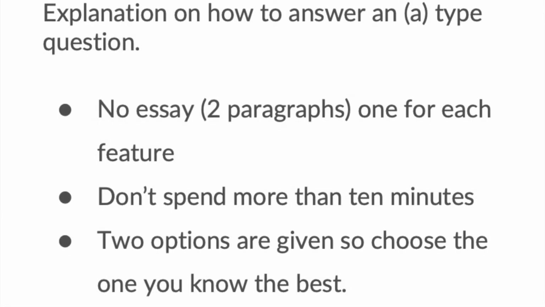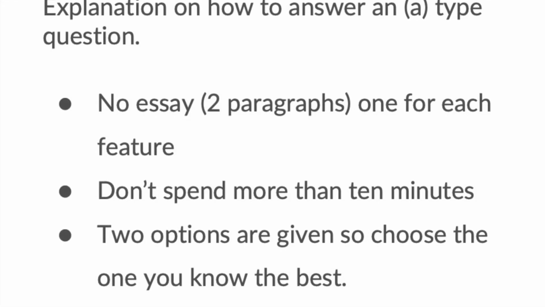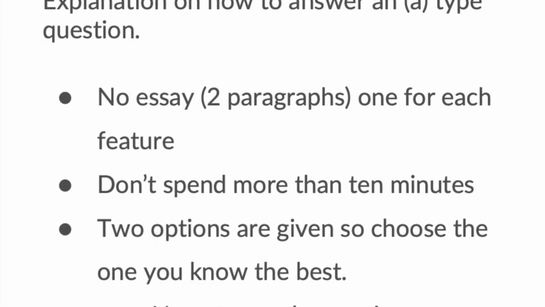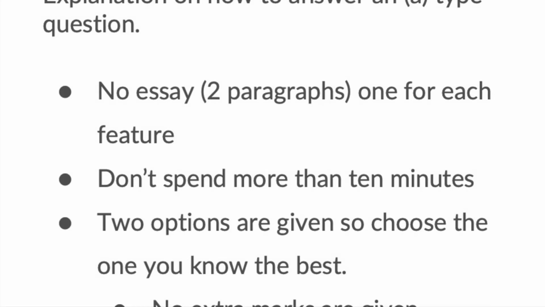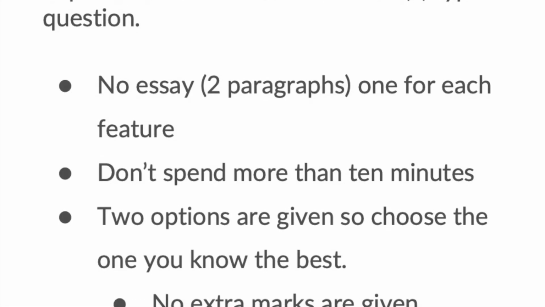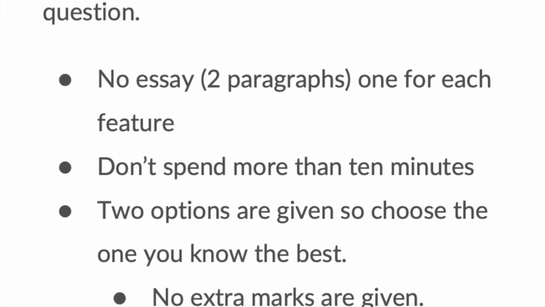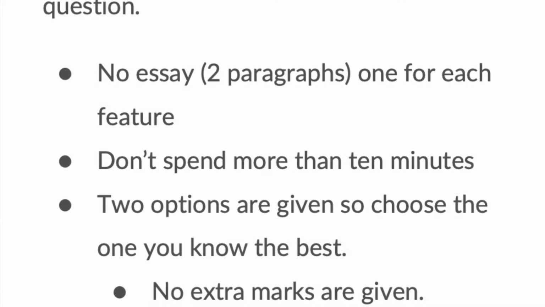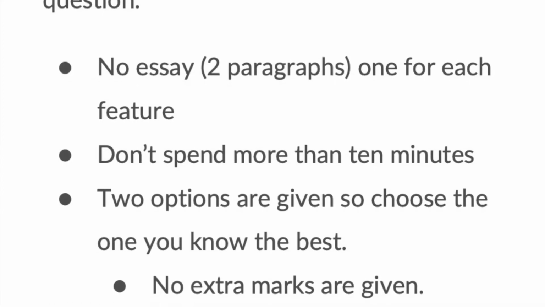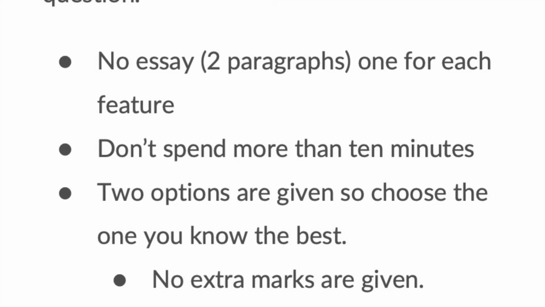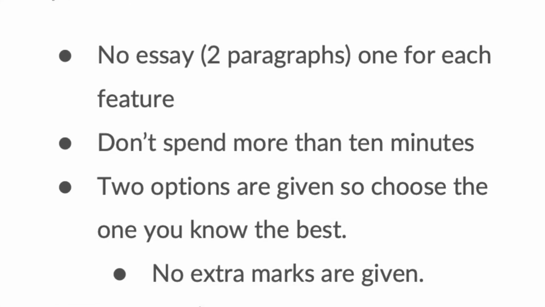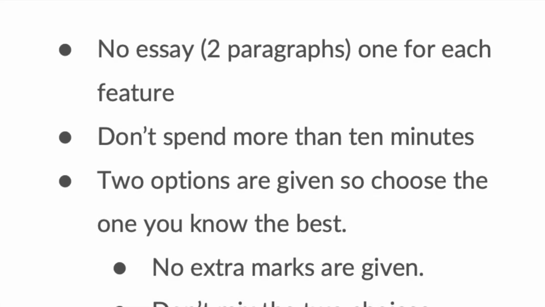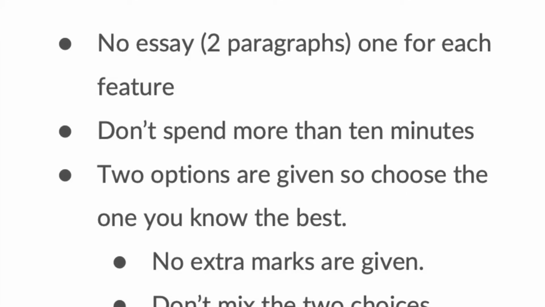You need to spend a majority of the time on the B and C questions, which we will talk about later and which are sources based. There is a great deal of reading of sources to do for B and C. So answer this A question as quickly as you can, get your 6 marks, and then move on.